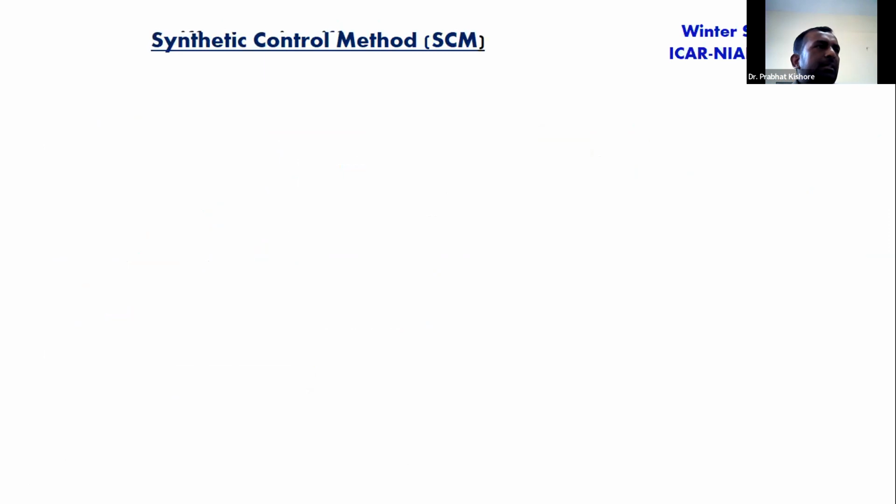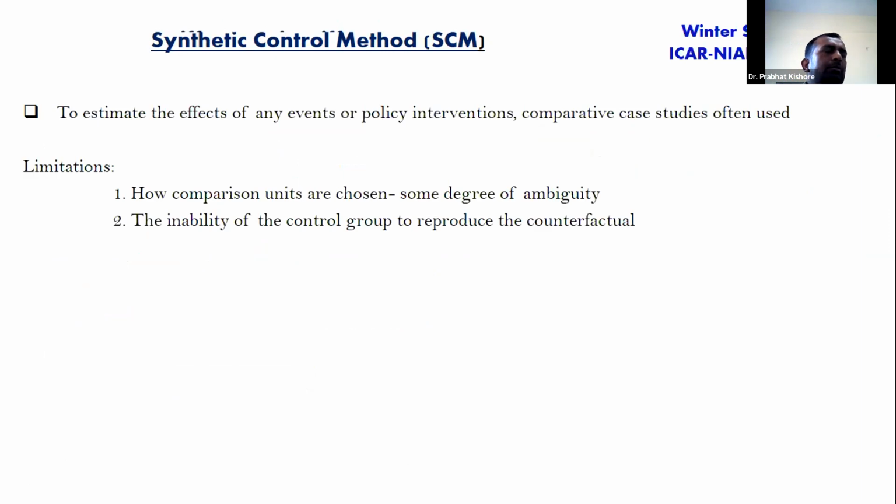My main topic is synthetic control, when you are dealing with aggregate-level data and you have only one treated unit. In that case, how are you going to do that? That is the case when we are doing comparative case studies. With that limitation, as I was saying, how the comparison units are chosen creates some ambiguity.